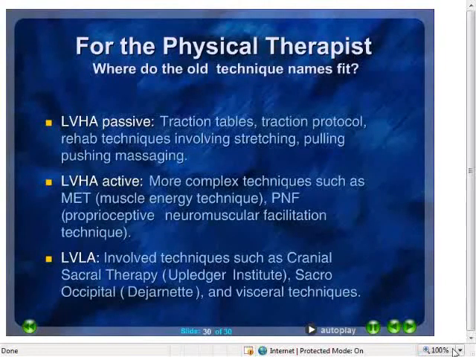LVHA passive techniques include traction table, traction protocol, and rehab techniques involving stretching, pulling, pushing, and massaging. LVHA active techniques include more complex techniques, such as MET and PNF. LVLA techniques include cranial sacral therapy, sacro-occipital, and visceral techniques.